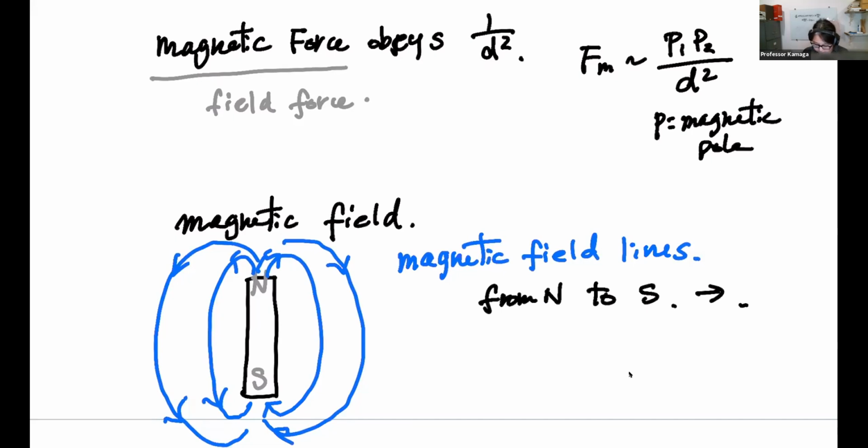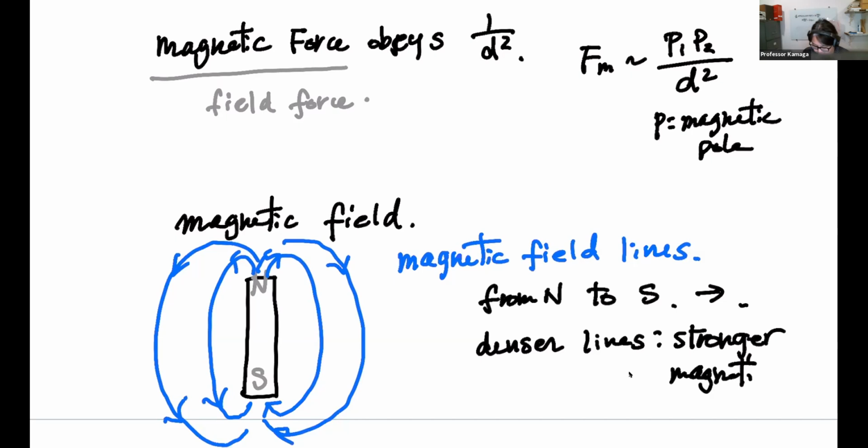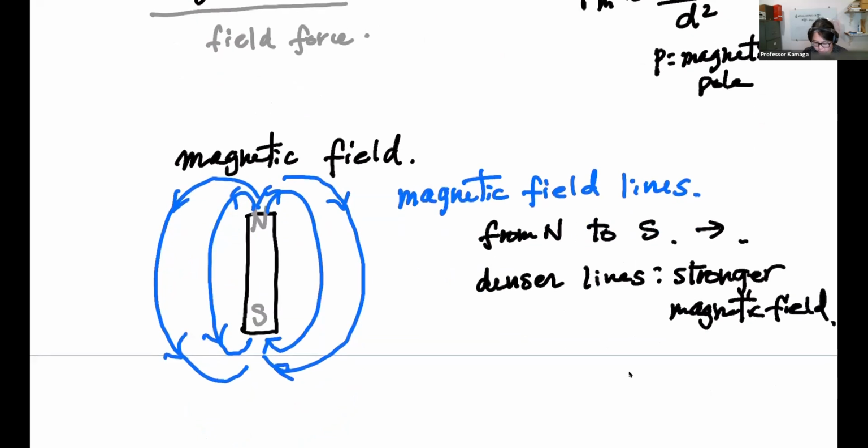And the denser the lines, the stronger the magnetic field. Very similar to electric field. The lines don't cross, and they continue indefinitely.